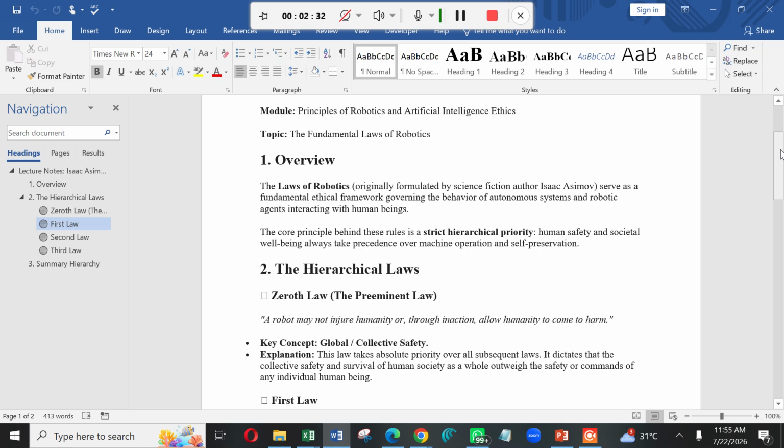So one is called zeroth law. What are they telling there? A robot may not injure humanity, or through inaction allow human to come to harm. So that means what?